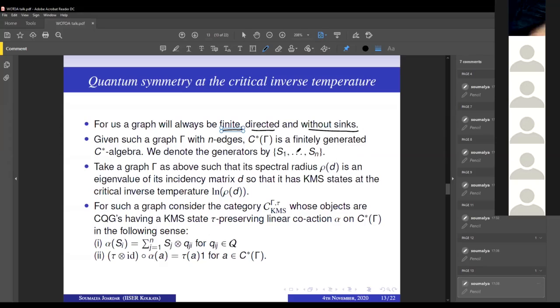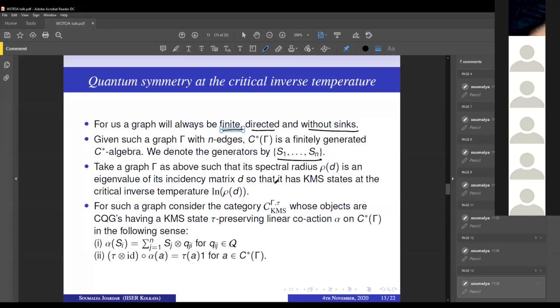So suppose we have such a graph, a finite directed graph without sinks with n edges, then C*(Γ) will be generated by n partial isometries S_1, S_2, ..., S_n, and we take a graph such that the spectral radius is an eigenvalue of the incidence matrix, so that it has KMS states at the critical inverse temperature ln ρ. And this is quite a large class of graphs, those graphs which have the spectral radius as an eigenvalue.